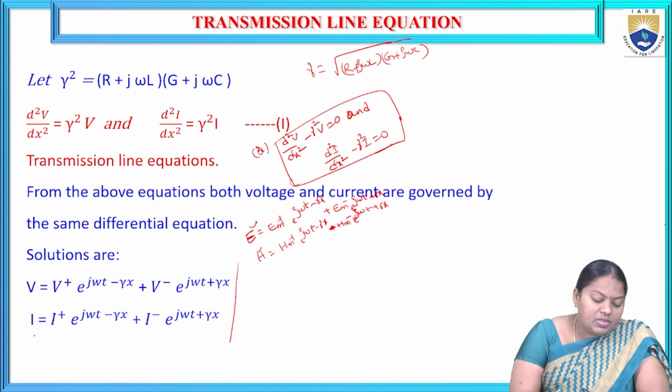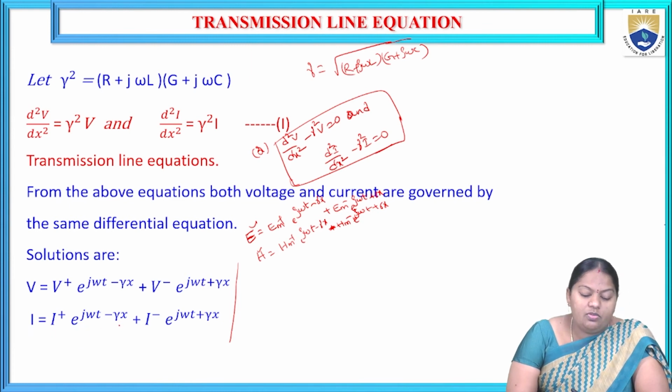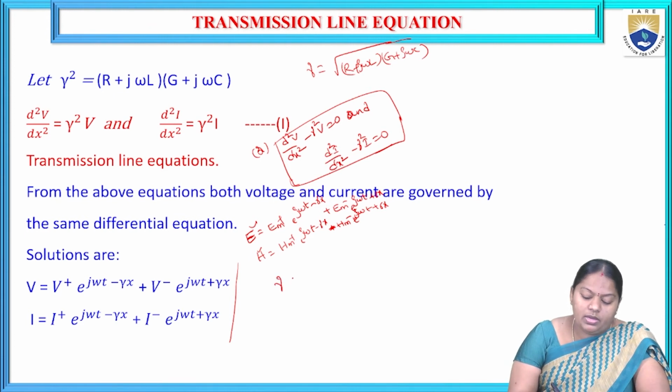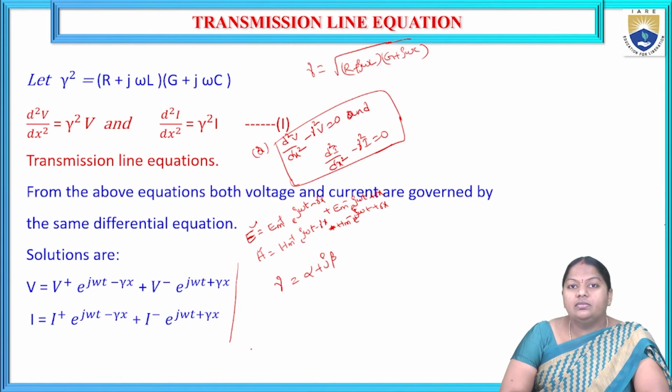Right? Now, I = I⁺ e^(jωt − γx) + I⁻ e^(jωt + γx), where gamma is the propagation constant, given by γ = α + jβ, where the real term alpha is the attenuation constant and the imaginary term beta is the phase constant.